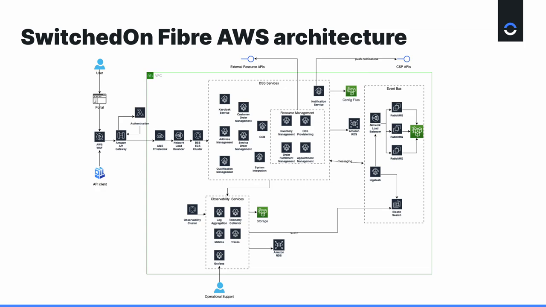Moreover, we have our observability services. So here we can find services like Grafana, Prometheus, Tempo, Loki, OpenTelemetry. Moreover, as I said, our application is event-based, so we have our event bus, and in this case, we use RabbitMQ.